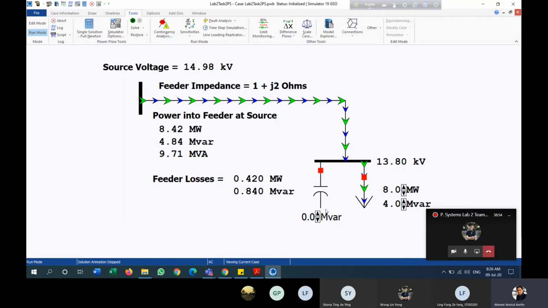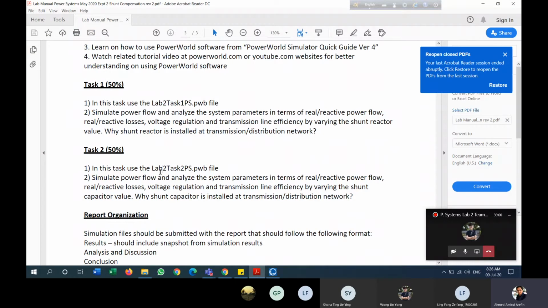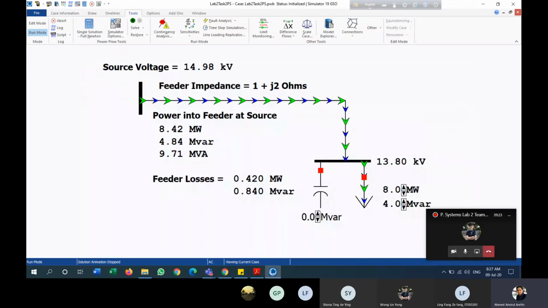First, see lab 1. Very similar, you need to simulate the power flow and also analyze the system parameters in terms of real and reactive power flow, reactive losses, voltage regulation, transmission line. Very much similar, just we are using the capacitor, so the explanation and the changes will be different from the previous one. So let's see.